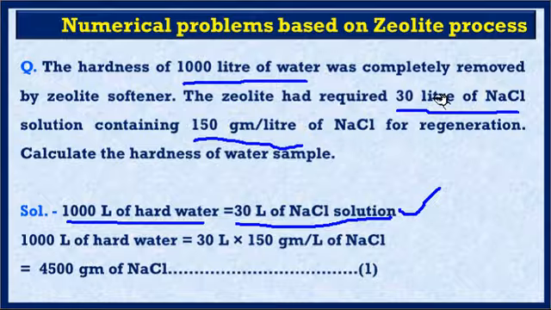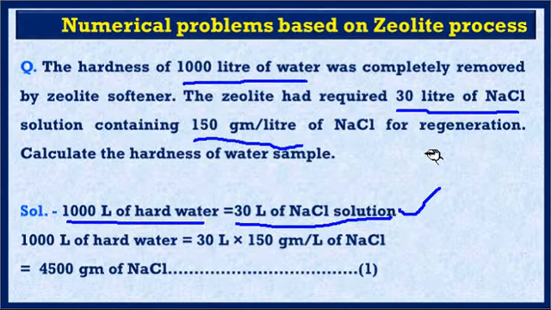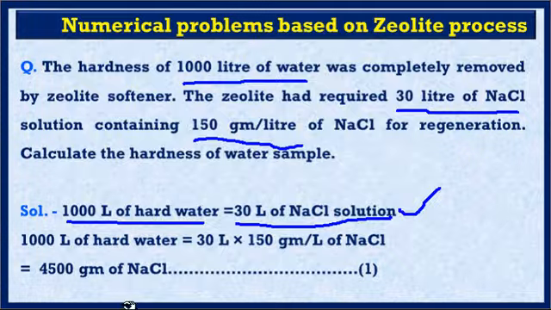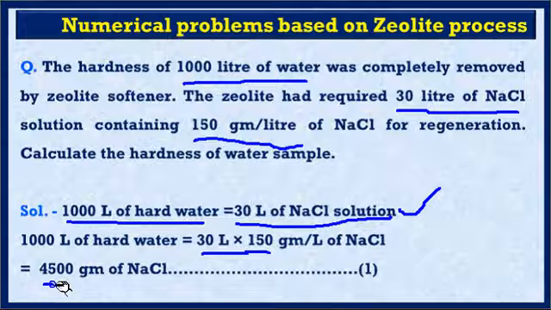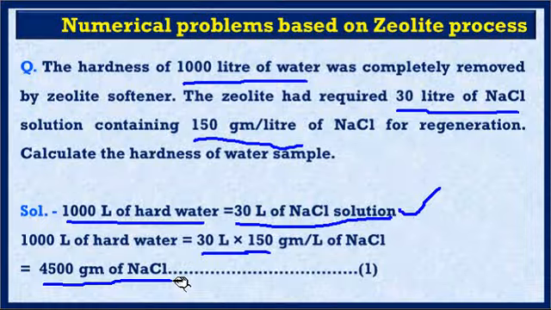So 30 liters of NaCl contains how much sodium chloride? That is 30 multiplied by 150, so that is 4500 gram of NaCl. So we can say that 1000 liter of hard water is equal to 4500 gram of NaCl.